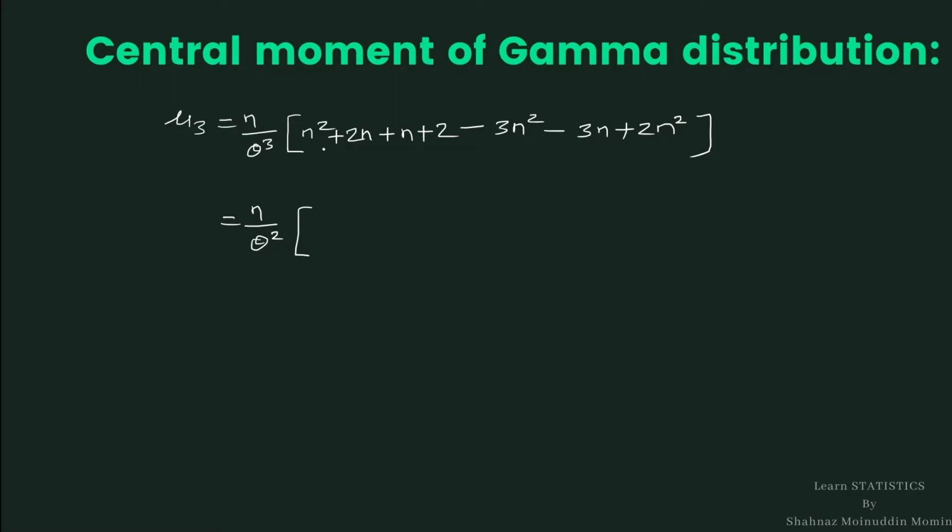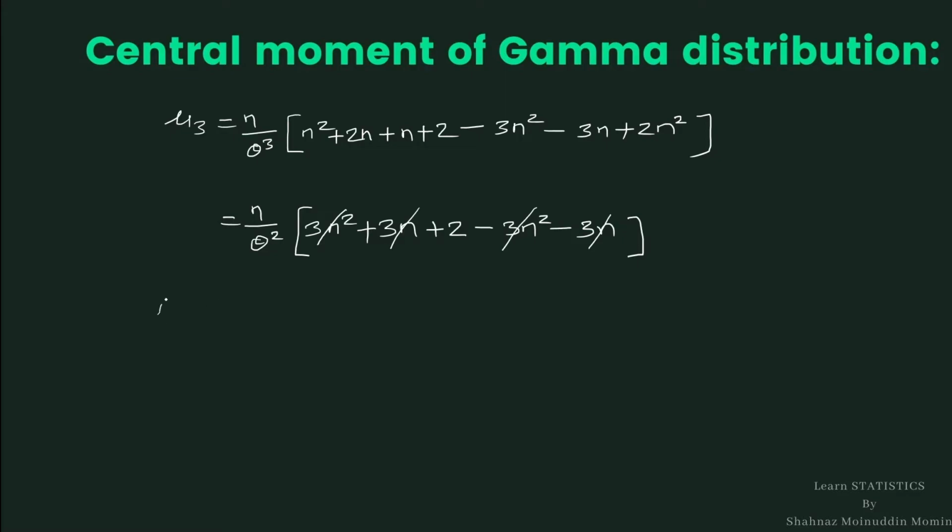We shall collect n square terms. We will get 3n square plus 3n plus 2 minus 3n square minus 3n. This 3n square and this 3n square cancel, 3n and 3n cancel, only 2 is remaining.